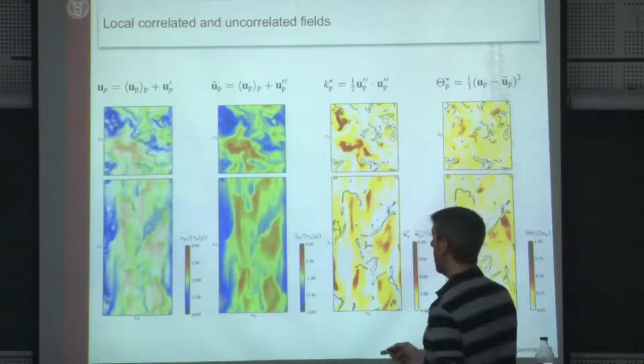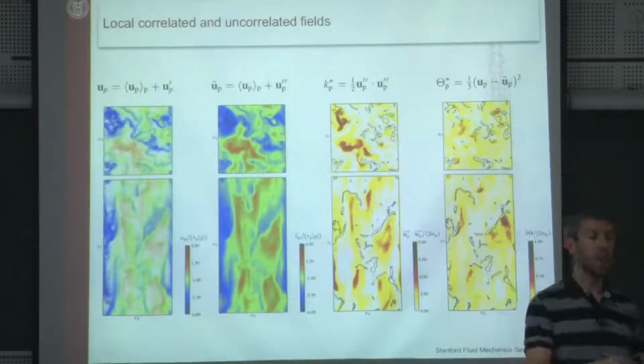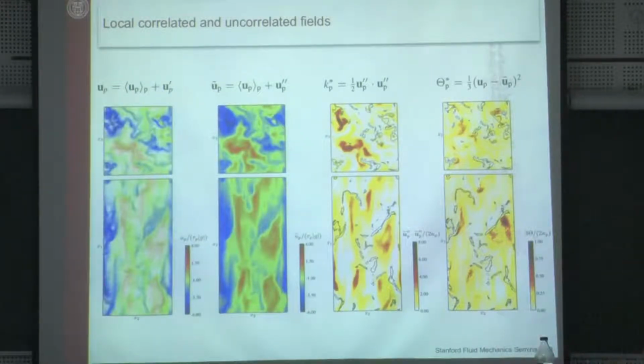I can apply the type of filtering techniques, at least a variant of that, on my particle data and convert that into a Eulerian velocity field. Now what we've done is we've gone from many different velocities at a given point to a single average velocity at that point. This is now a Eulerian field.